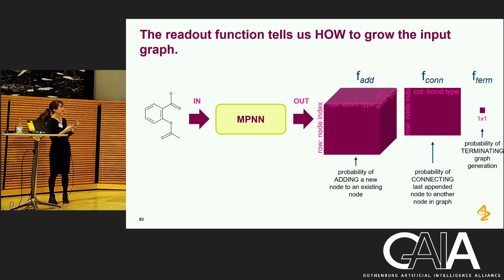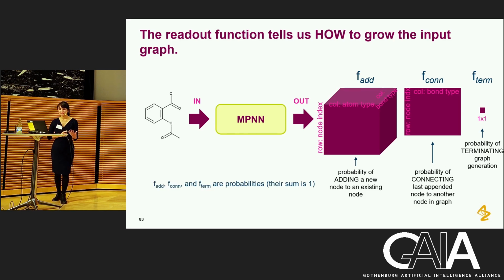And I also should emphasize that anytime we add a new node to a graph, we also add an edge so that the new node is connected to the remainder of the graph. And then finally, we have the f_term here, which is just a number between 1 and 0. And this gives us the probability of terminating the graph generation. And I want to emphasize here that f_add, f_conn, and f_term are all probabilities, and together they should sum up to 1. So this is what's going to tell us how to actually grow our graph once we sample from it.